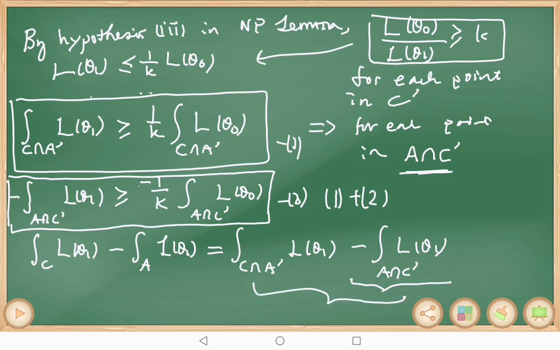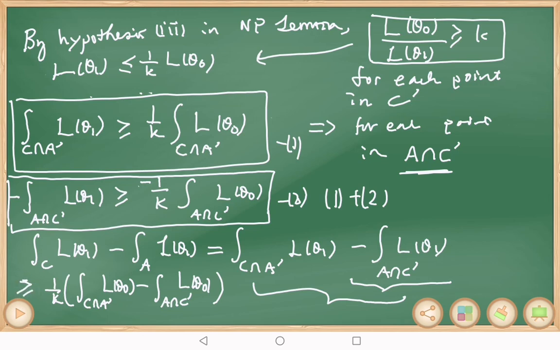And the right-hand side, if you add them together, becomes the following: 1 over K, integral over C intersect A prime of L theta naught minus integral over A intersect C prime of L theta naught, right? And this will be greater than or equal to, right?